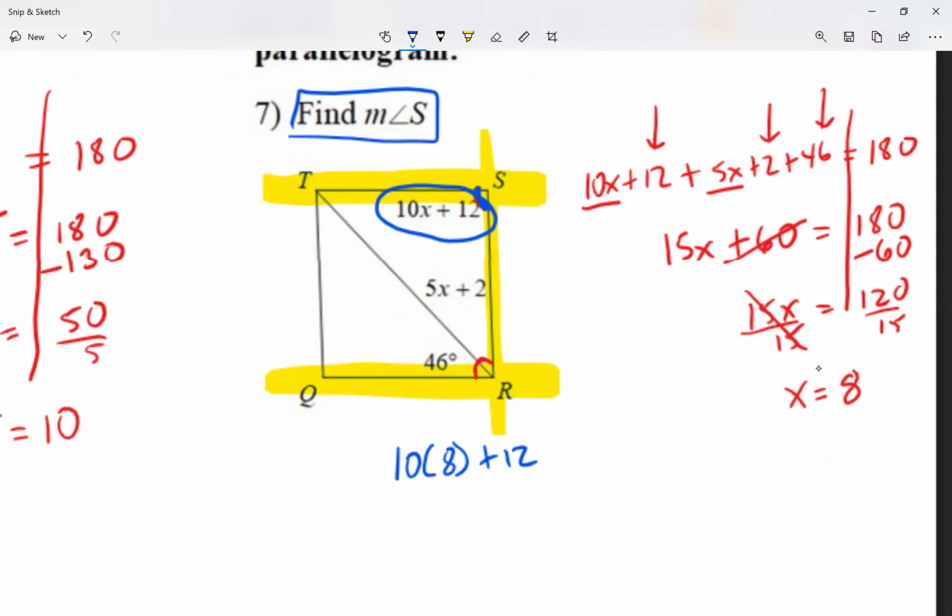So instead of x, I wrote 8, and I'm using 8 because I know x is equal to 8. So I need you to solve for x and then be able to use it. Okay, I know 10 times 8 is 80. So I have 80 plus 12, which is equal to 92.